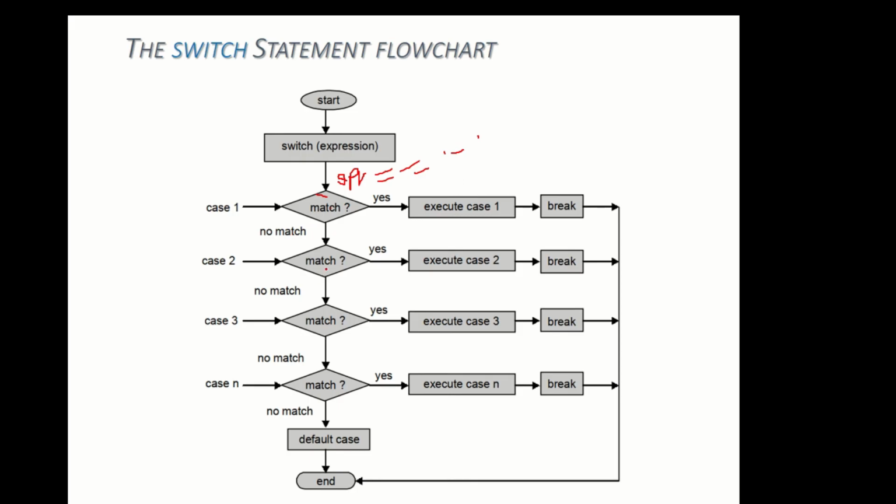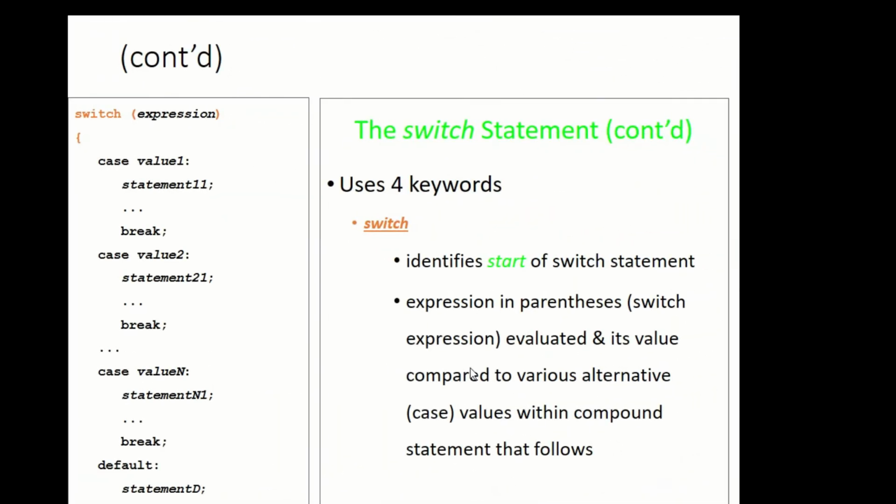No match, check this. No match, check this. If yes, execute case n and break, meaning end the execution, exit the loop, stop. Then end program. If there is no match, the default case may be executed. You can say: you entered an invalid operator. This is what the switch statement looks like based on the flow chart.